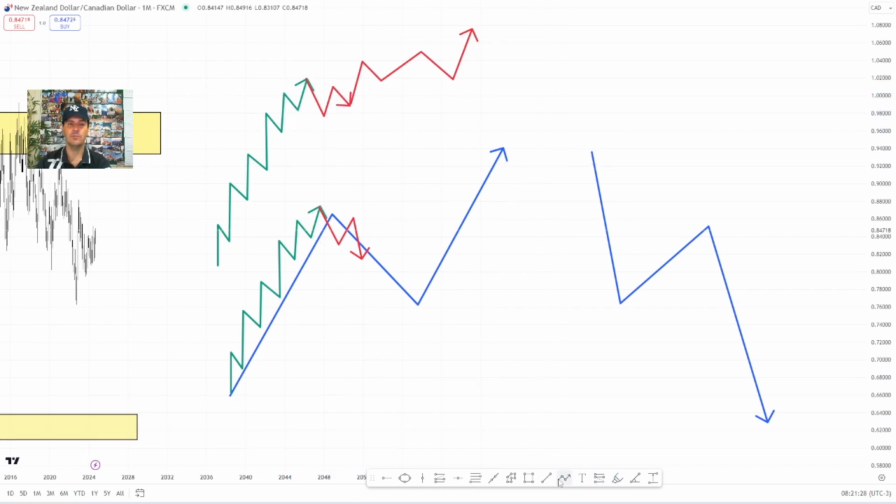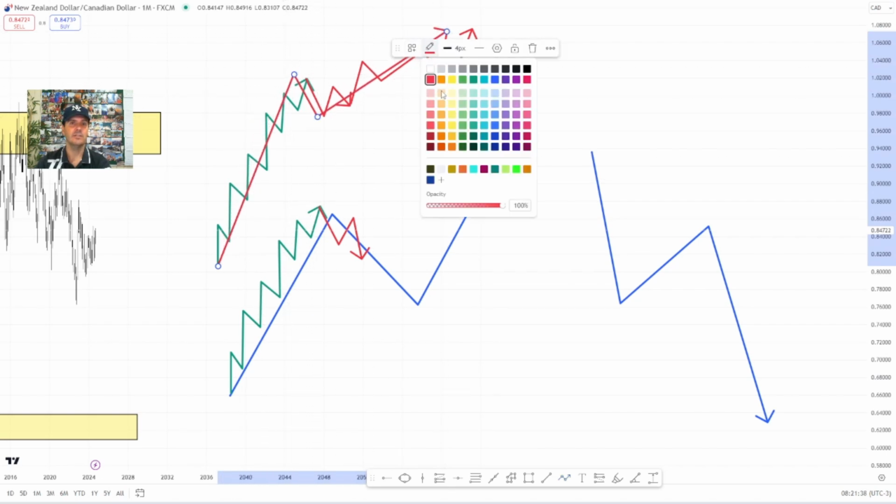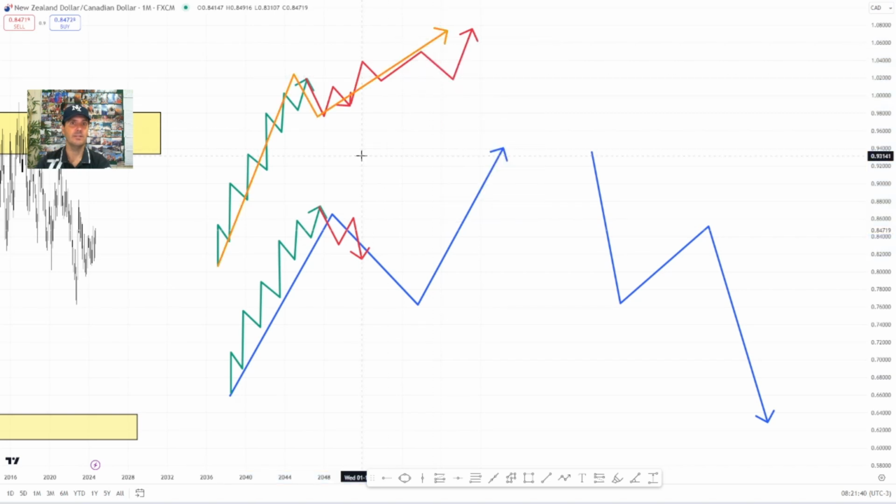If I would see this price section and chart it as a good analyst would, extension, retracement, extension, you would do something different than me. Make sense? So this is wrong. If you chart this as extension, retracement, extension, this is all an extension leg.